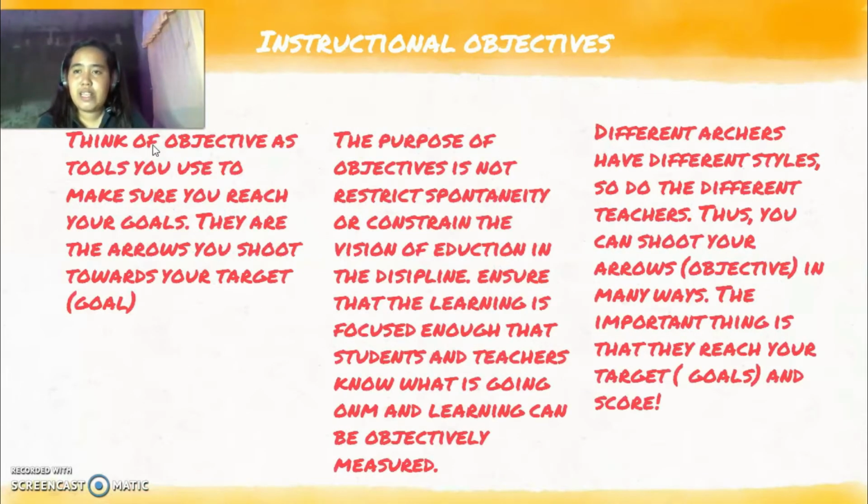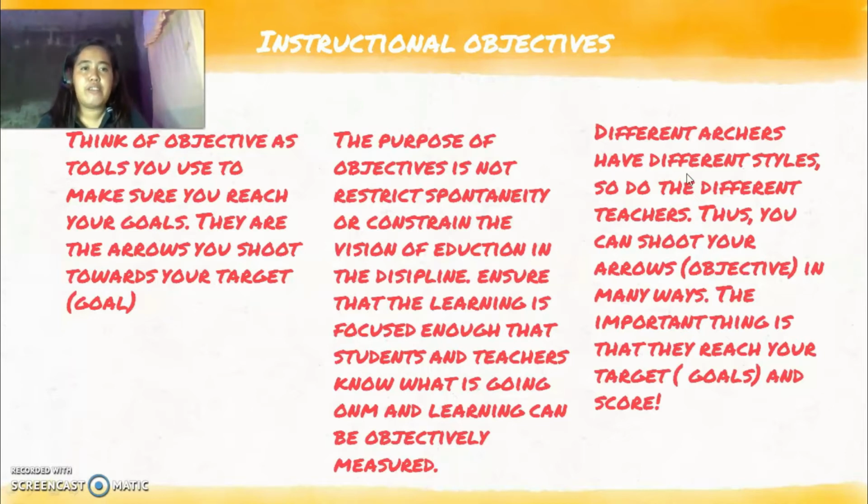Think of objectives as tools you use to reach your goals. They are the arrows you shoot towards your target. The purpose of the objectives is not to restrict or constrain the vision of education in the discipline, but to ensure the learning is focused enough that the students and teachers know what is going on and learning can be objectively measured.